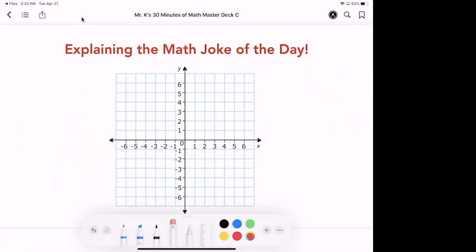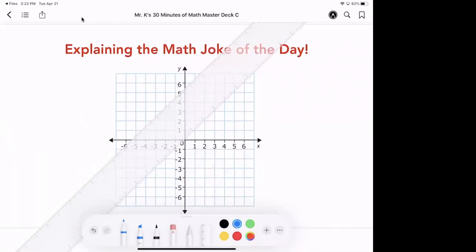Oh, I'm going to use my cool ruler. I just learned how to use this. I'm going to turn it to 45 degrees. And I can draw a line using the ruler. So it's perfect. Look at that. All right. And then I'll take the ruler off.